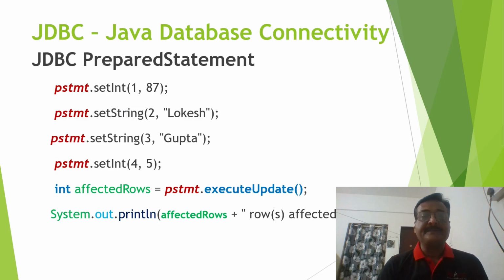How? See, preparedStatement.set. Here in the set statement, you need to be very clear about the columns and their data types. If the first column has integer, numeric data, then the set must be setInt. 1 is the column number 1, and 87 is the value which will replace the respective question mark.